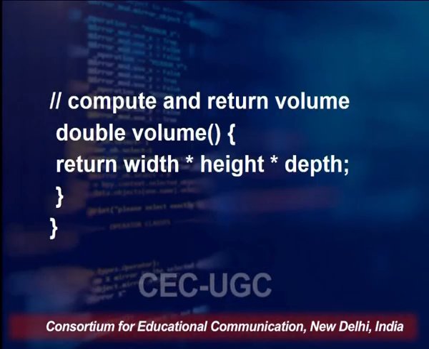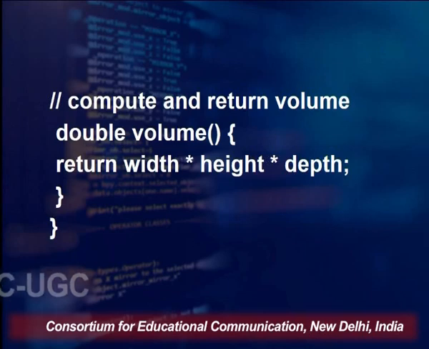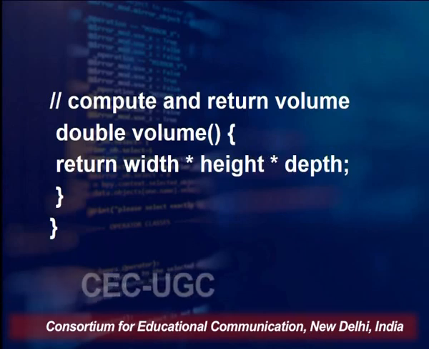After that we have one method named volume, which returns a double value, the multiplication of width, height and depth. So the volume of the box is returned by this volume method. Now we have also talked about the default constructor, that means the constructor which does not have any parameters.